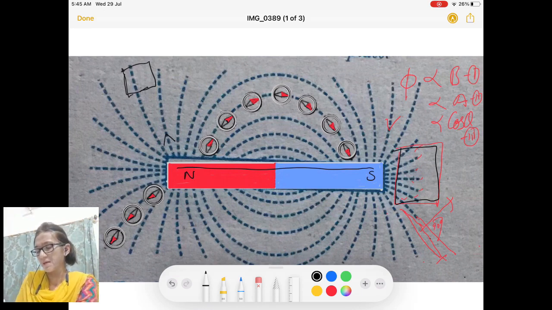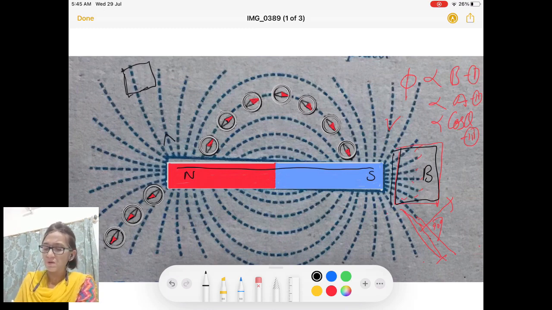And you will observe that number of field lines, that is flux, is more at near place and less at far place. Here we know that field is strong. So if field is strong, then flux also is more. Field lines also are more. So we can say that flux is proportional to magnetic field B.